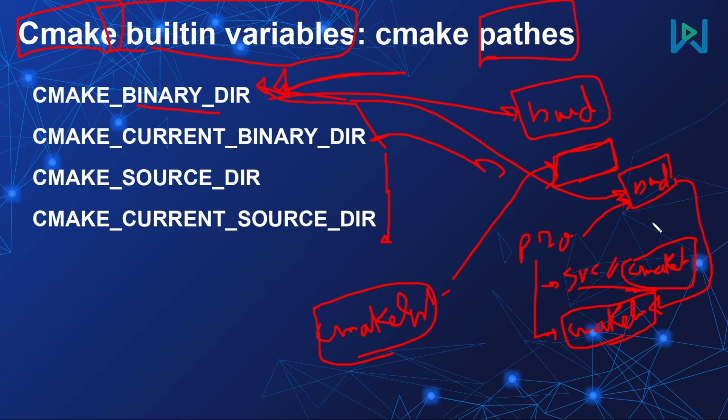This guy here will be located under build, then source, and here we'll have our local workspace dedicated as the outcome of processing this CMake list. And this path from build until here is referenced by CMAKE_CURRENT_BINARY_DIR.